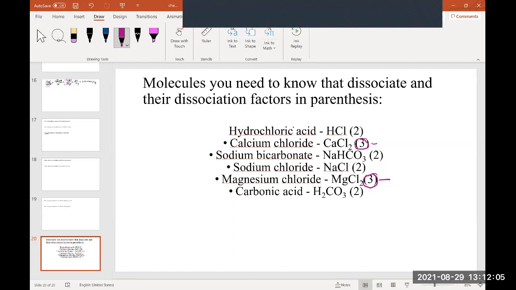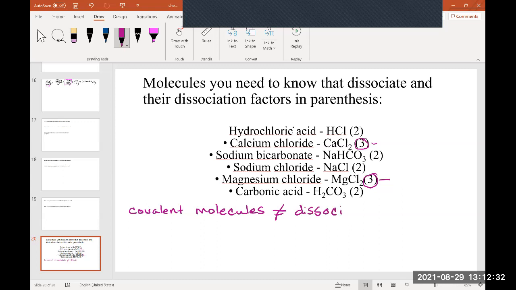And some other molecules that you might want to add to this list, even though it's described in your lab manual: anything that's covalently bonded may dissolve in water, but it does not dissociate.